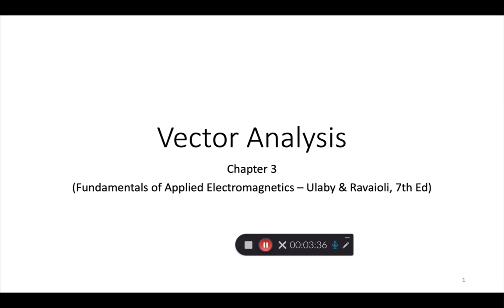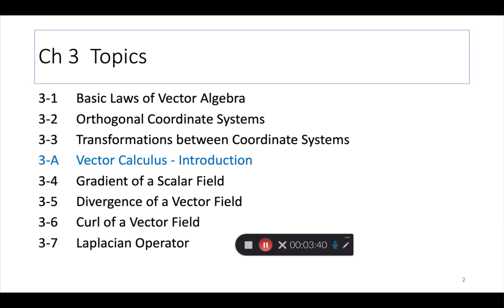Okay, so with that, I'm going to move ahead and show you that in chapter 3 there are 7 topics, 1 2 3 4 5 6 7, that are from our textbook, and then I threw in a new section in the middle, 3-A, which is kind of a very brief introduction to vector calculus.